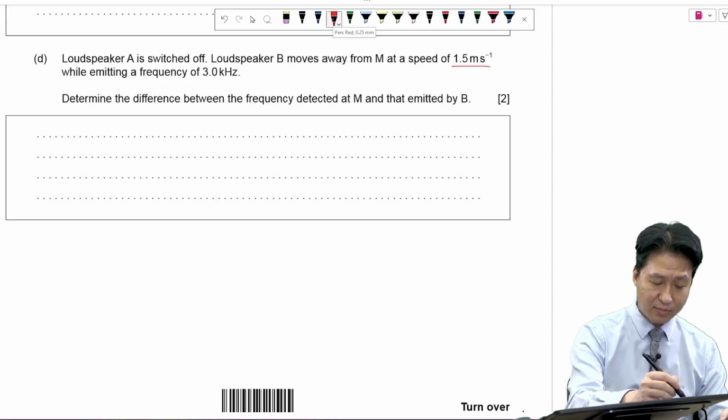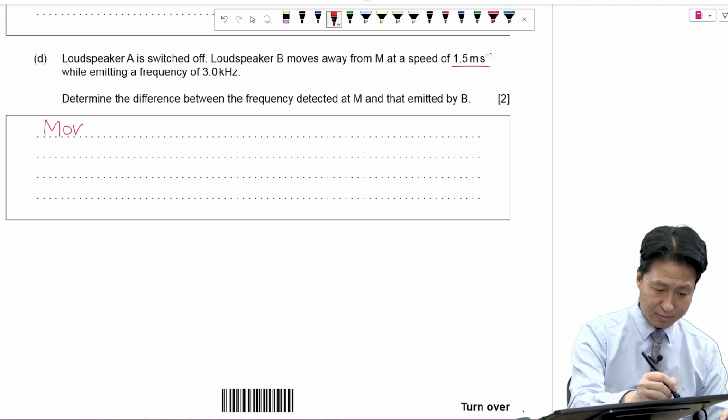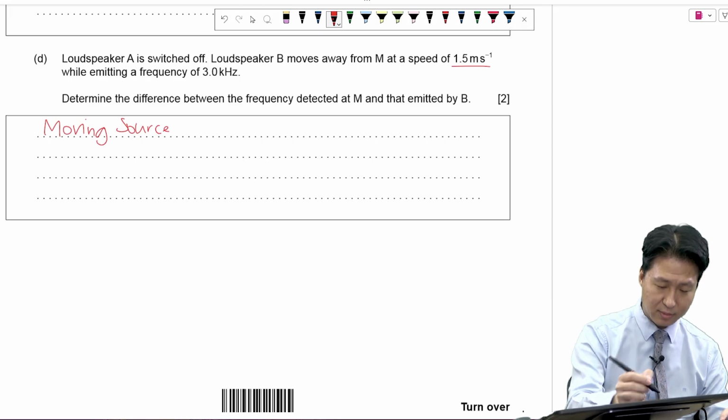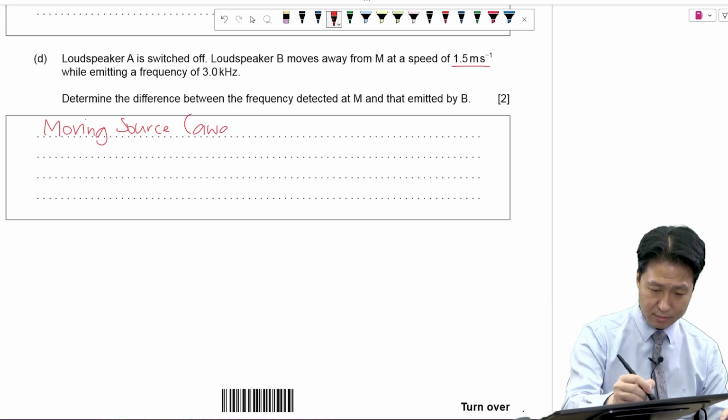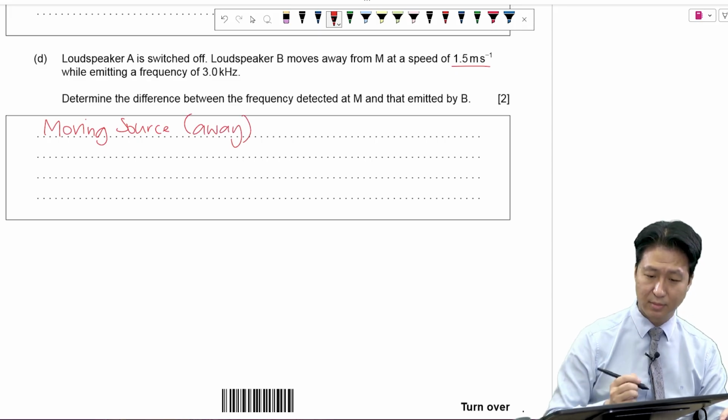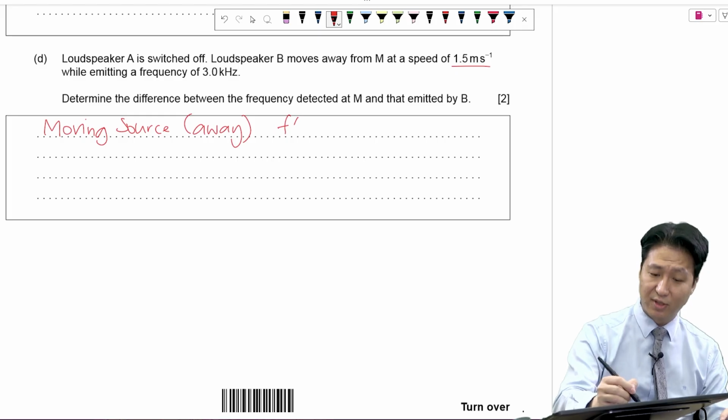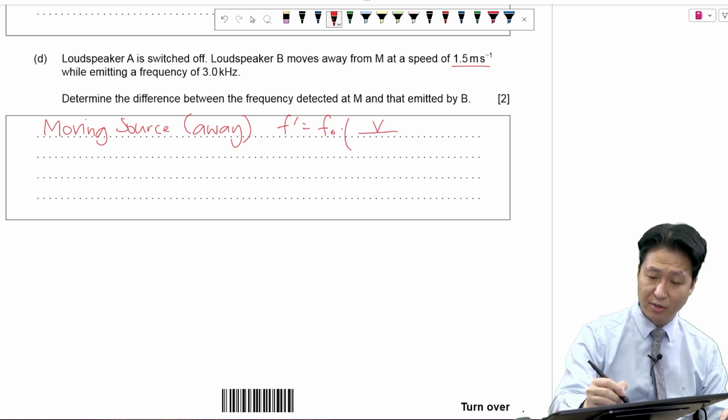So it's a moving source. And it's moving away. So we use new frequency is the original frequency times speed of the wave over the speed of wave plus speed of the source.